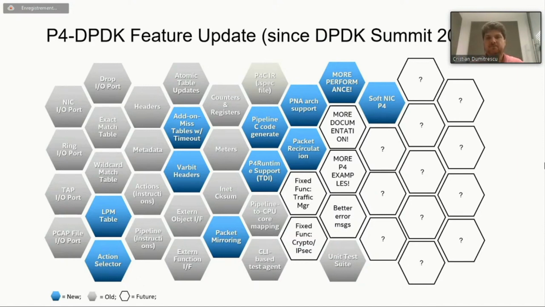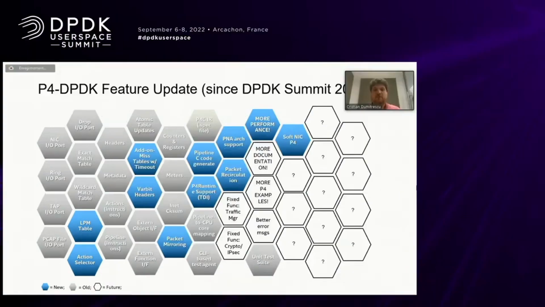But in order to build a comprehensive data plane or a complex application, you also need to have many other components. Like you need to have tables to do lookups, you need to have actions, you need to have meters, counters, registers, checksums, you need to have I/O ports, and you need to have mirroring, you need to have a CLI, you need to be able to map easily your code to different cores and scale up with the number of cores.